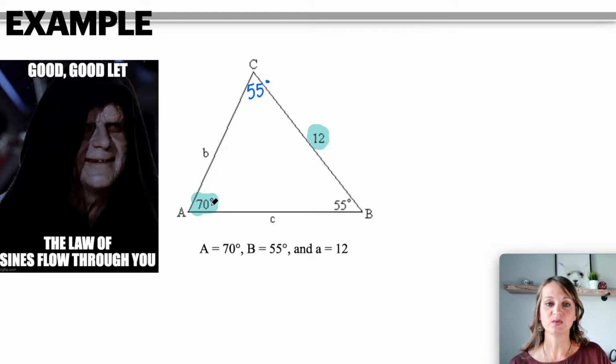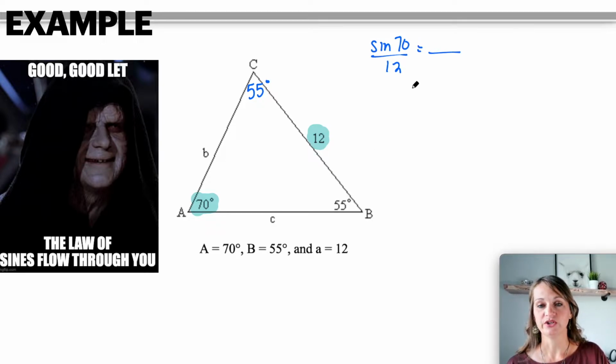Now, because we have an angle and its opposite side, we can now find, for example, in this case, little b. So I'm going to write the proportion. I have an angle and its opposite side, and I can set that equal to the angle B and its opposite side. And now I can cross multiply to find little b.